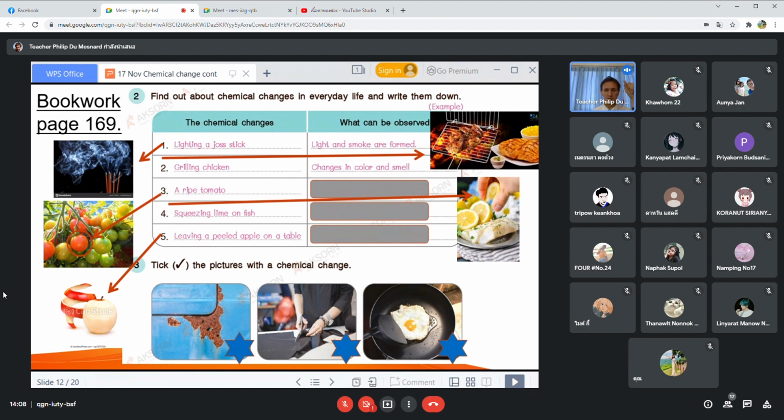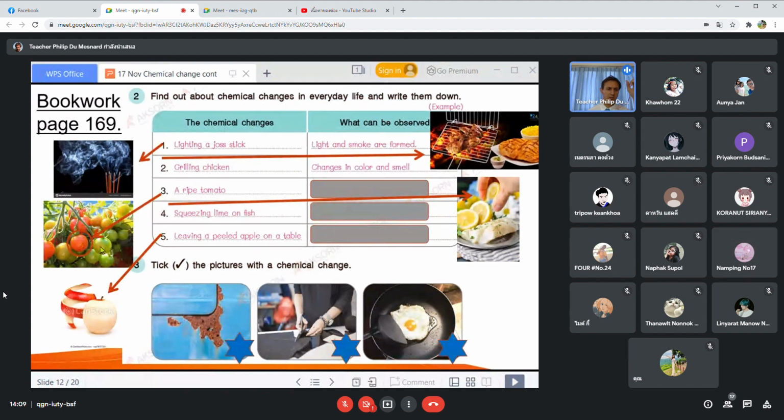Okay, ripe tomato. That's so easy. Let's ask number 17. How does the tomato change? Again, please. Okay.